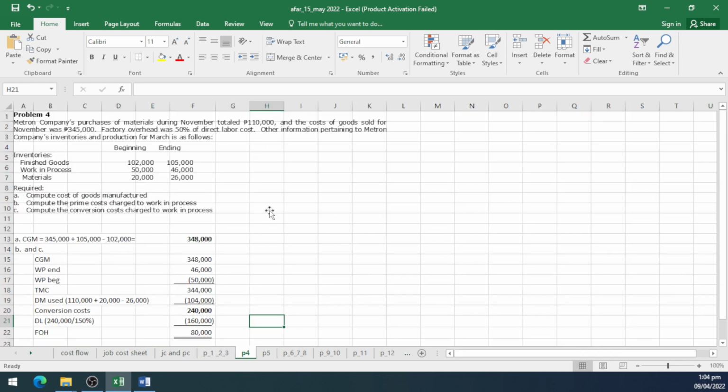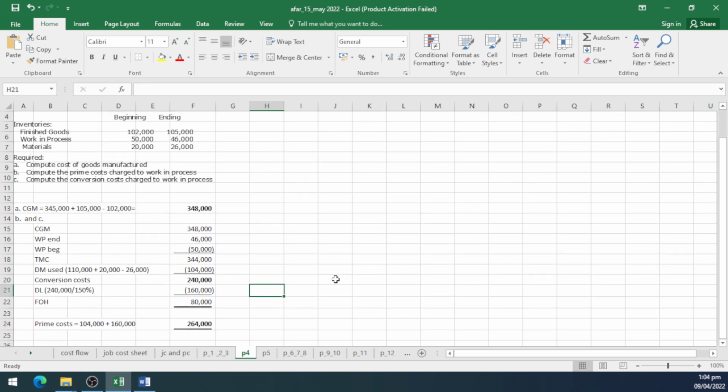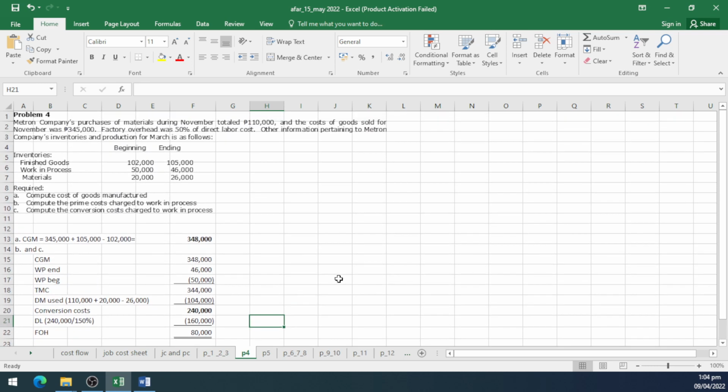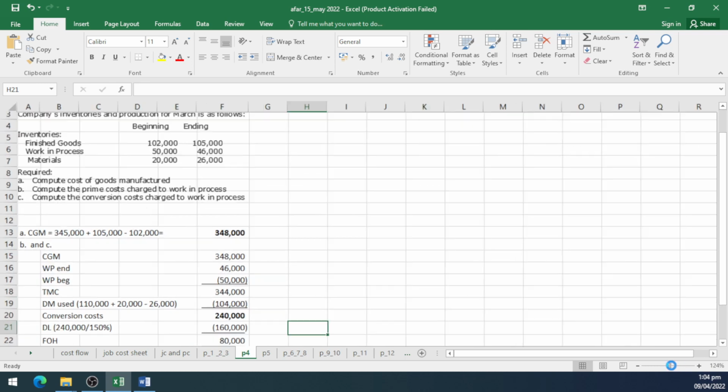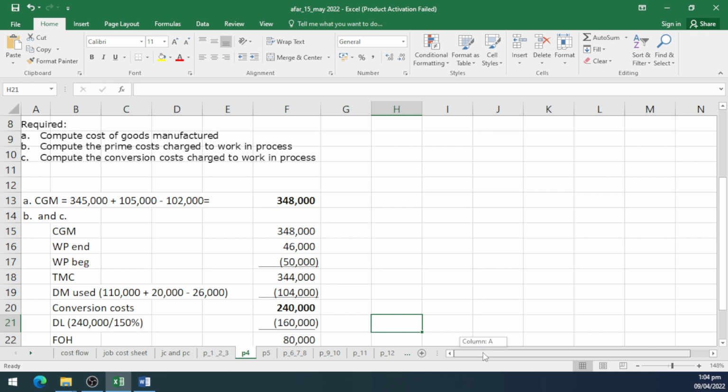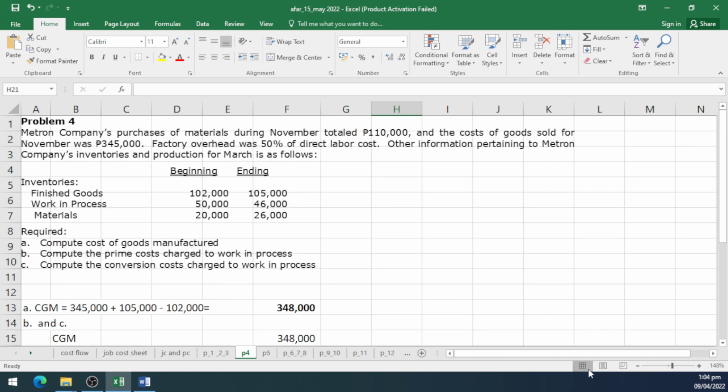I hope that is clear. Now, before we proceed to job order costing, tapusin natin tong mga reconstruction ng amounts and accounts para maging familiar sa correlation and reconstruction, relationship ng mga accounts at kung paano mag-determine ng mga unknown.